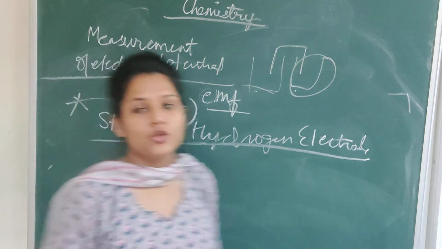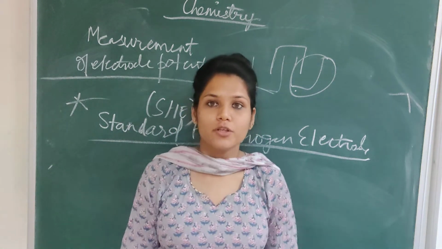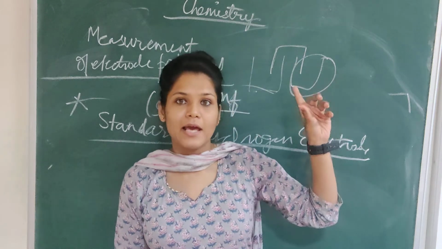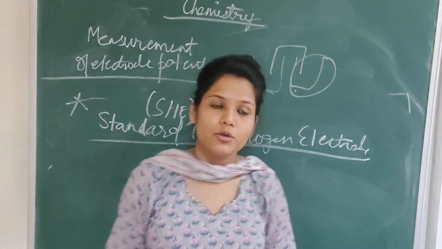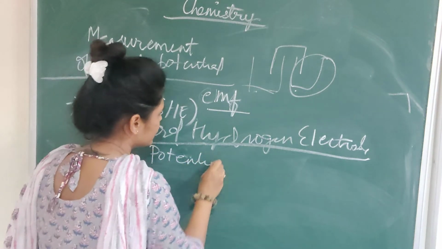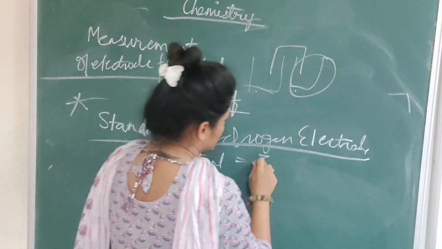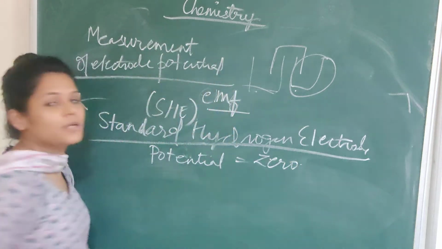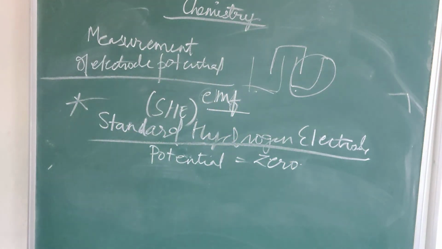This will be the electrode whose arbitrary potential will be used, and that can help the cell to find out the value of the EMF. Now the potential of it is always considered as zero. Zero potential मानते हैं ताकि पूरे सेल पे कोई इफेक्ट ना आए, ठीक है.